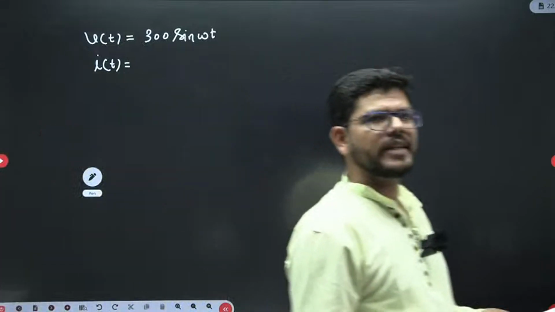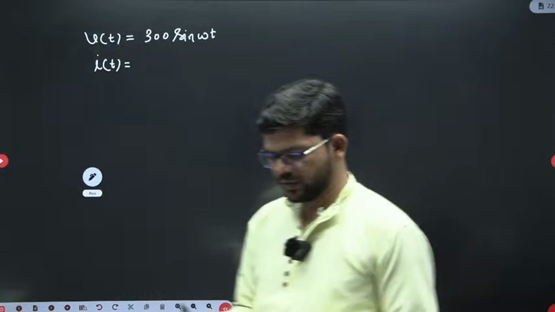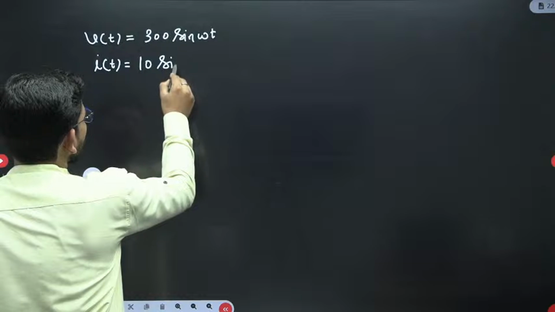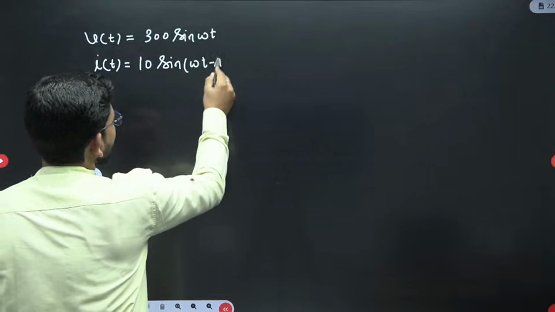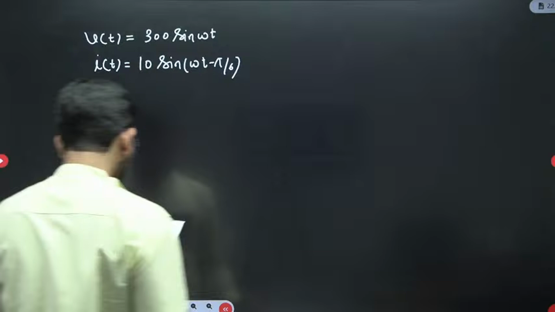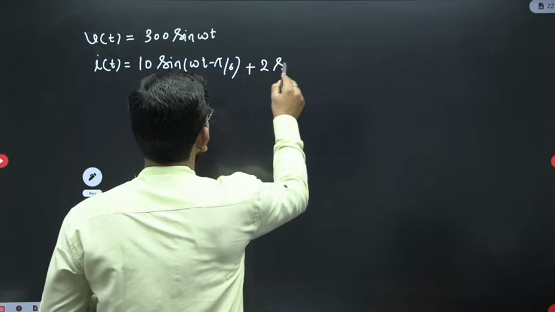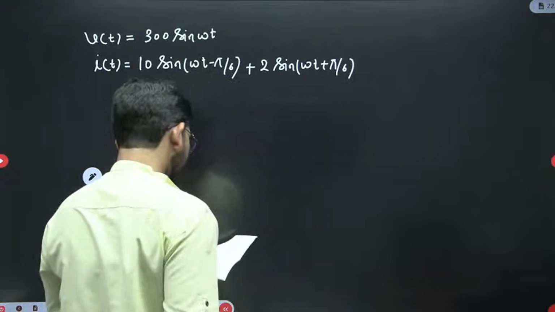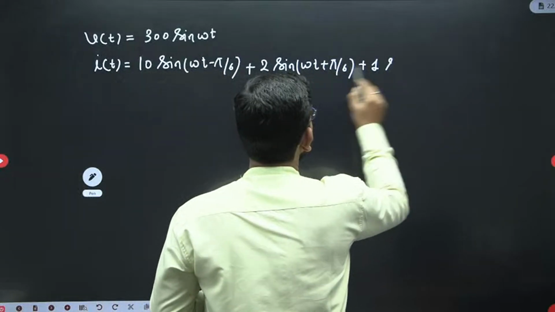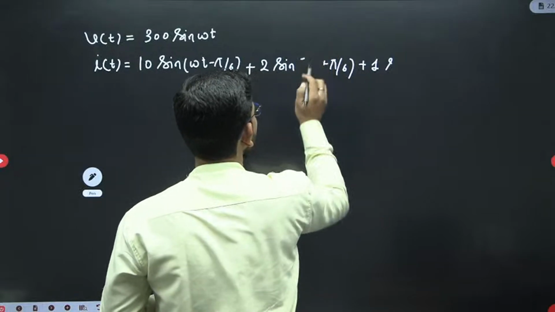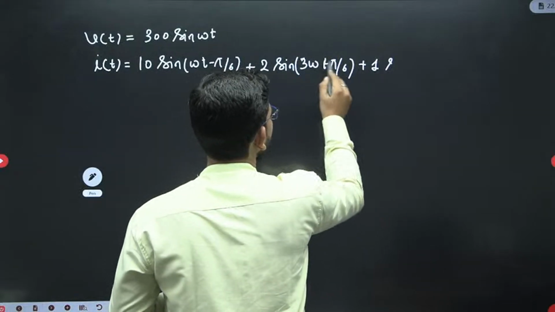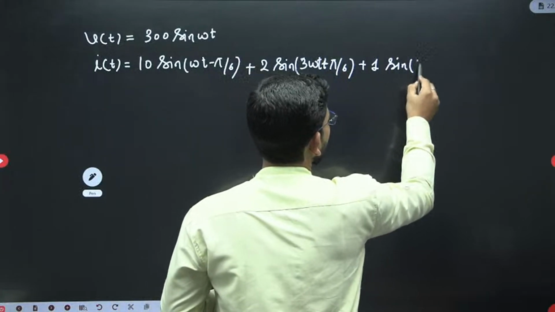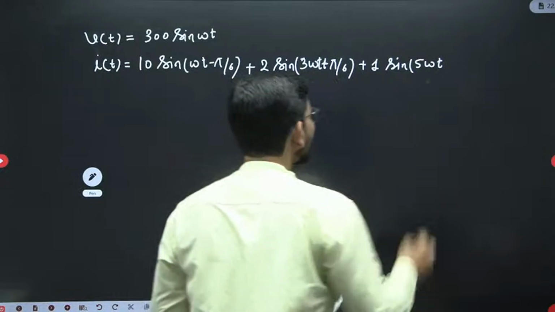When the converter operates, the current will become non-sinusoidal, and it was 10 sine(omega t minus pi by 6) plus 2 sine(3 omega t plus pi by 6), and we have 1 sine(5 omega t plus pi by 2).